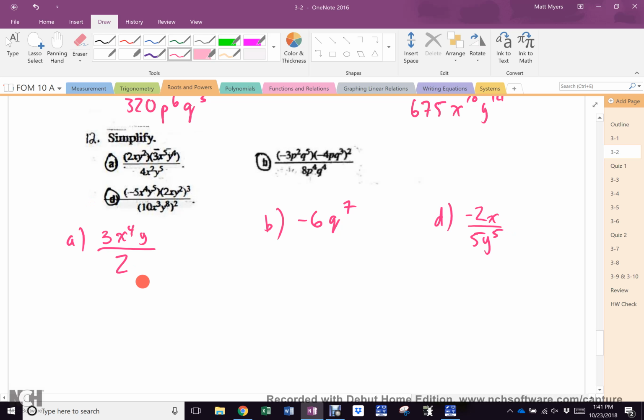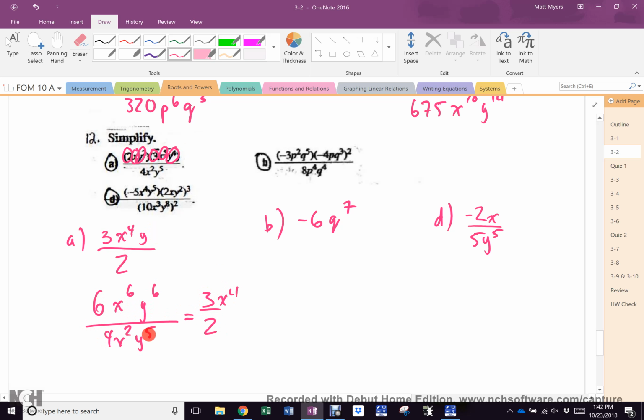Let's go over A. What does 2 and 3 do when they multiply together? Make 6. What does x and x to the 5th make? X to the 6th. What does y squared and y to the 4th make? Y to the 6th over 4x squared y to the 5th. 6 and 4 simplifies to 3 and 2. 6 minus 2 is x to the 4th.